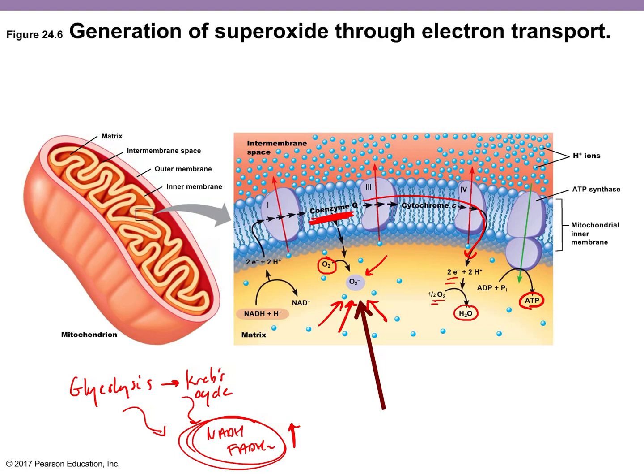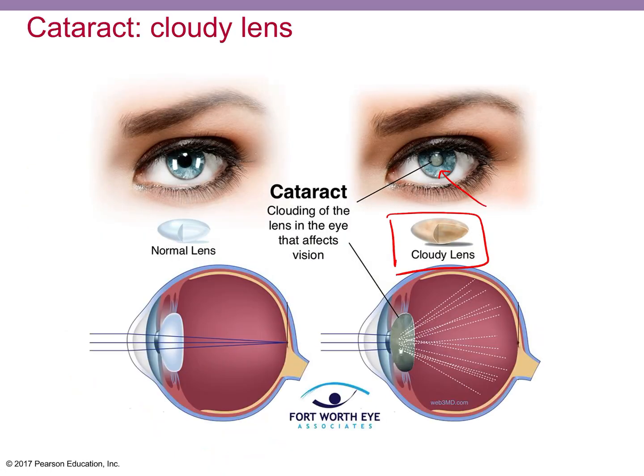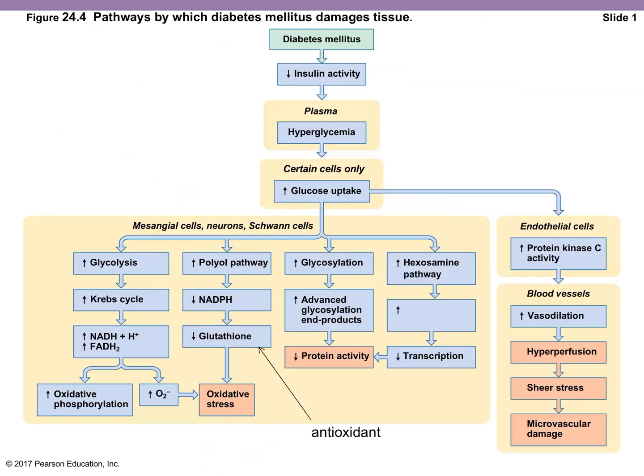That enzyme may not clear all of them, right? So you're going to have a higher concentration of superoxide than you normally would, and that's going to cause oxidative stress. Okay, so now you're learning how extra glucose is really taxing in this oxidative stress way. All right, let's look at the next slide.